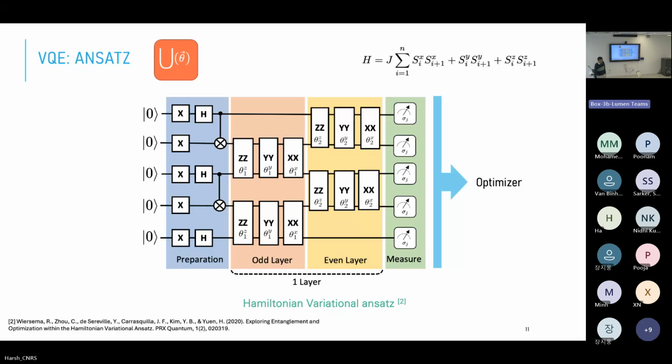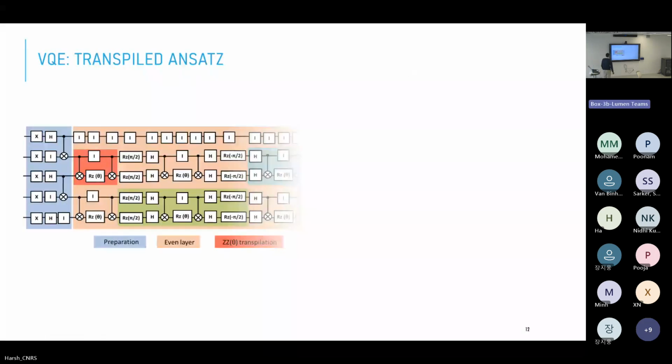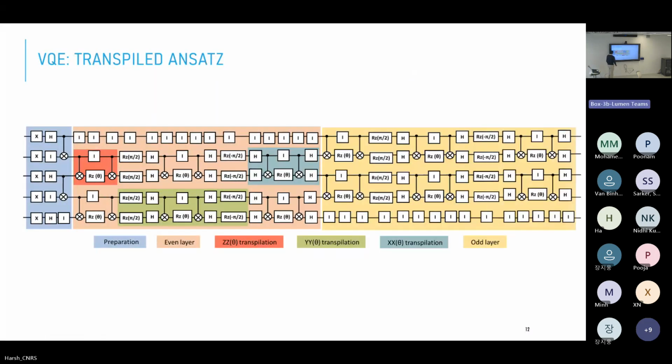That is, by considering a very minimal transpilation, I deconstruct these gates into some minimal transpilation, and can I extract some meaningful results? The transpilation that we use here is a very simple one. We break down ZZ gates, YY gates, and XX gates using the blocks that are shown in red, green, and slight blue here for the same layers.